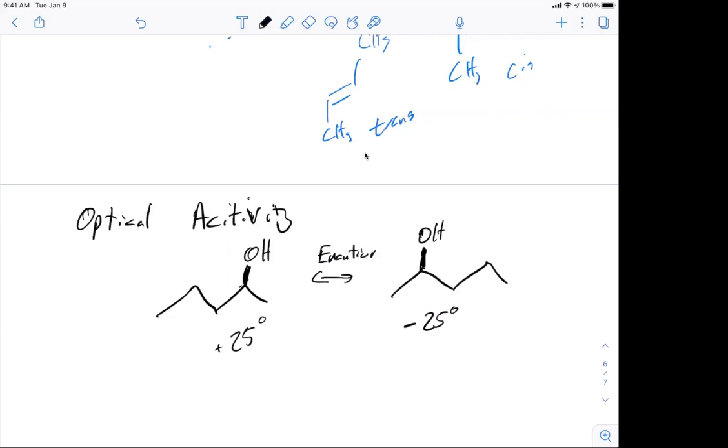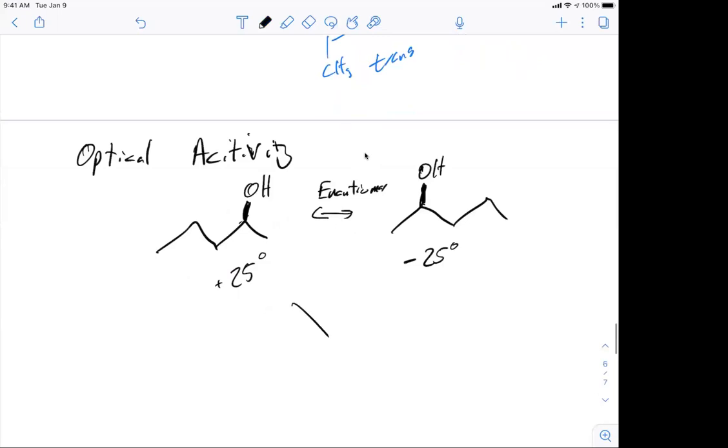An enantiomer is a mirror image. So to be optically active, something has to be chiral. Stereogenic centers don't work, it has to be chiral. And if I know the optical rotation for one enantiomer, I can determine the optical rotation of the pure other enantiomer.